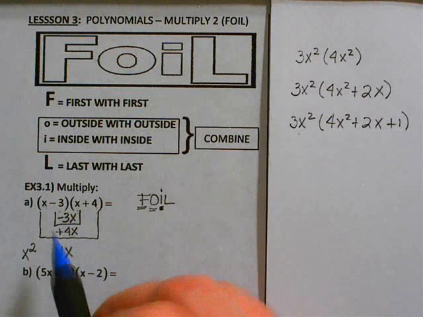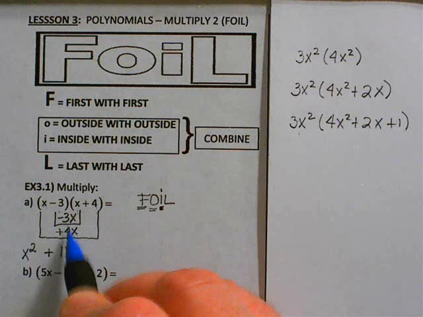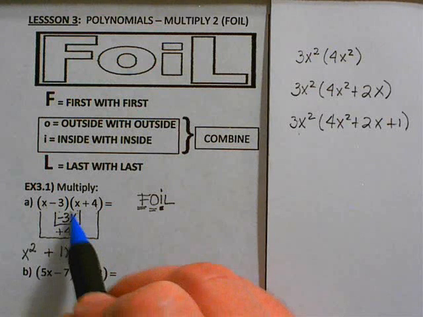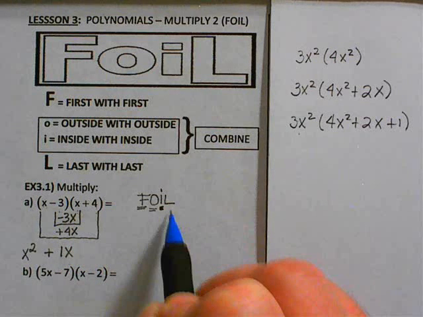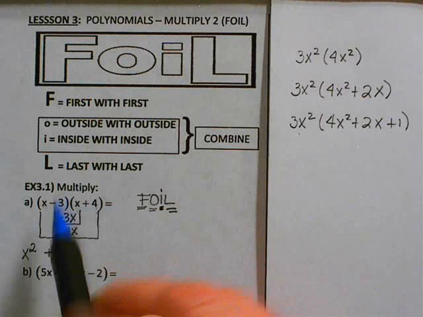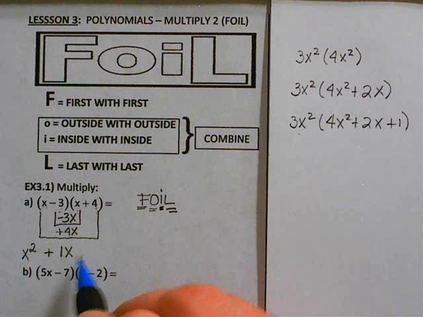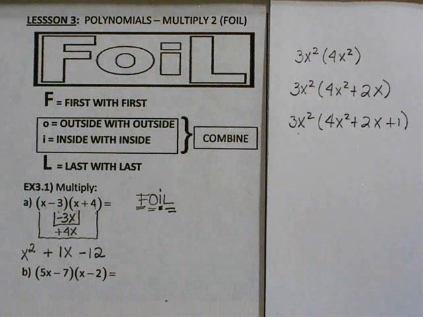And the sign would be positive because 4 is bigger than 3. Okay, so basically I combine these and I get the middle term. Alright, now we're ready to do the L, which is last times last. Negative 3 times 4 is negative 12. And that's the answer for my multiplication.